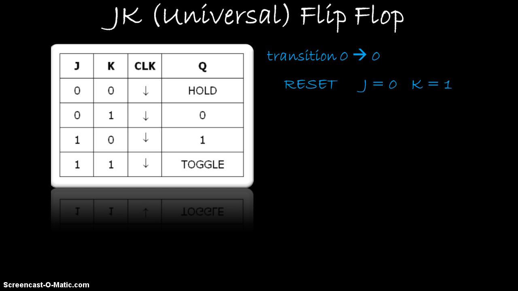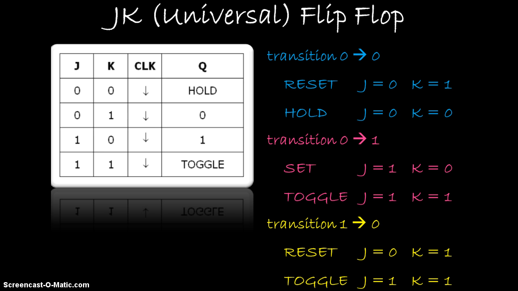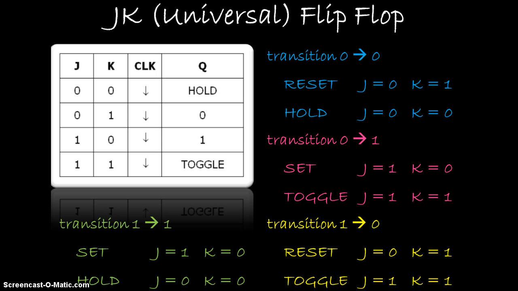First, as the result of a reset, and second, as the result of a hold. Similarly, the transition from 0 to 1 can occur when either a set or a toggle occurs. The transition from 1 to 0 can occur when either a reset or a toggle happens, and the transition from 1 to 1 when either a set or a hold happens.